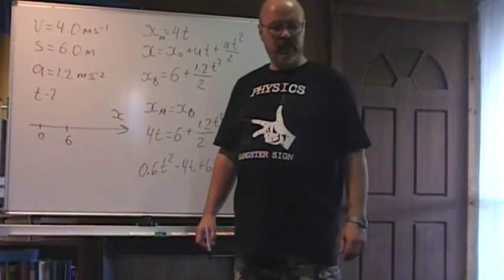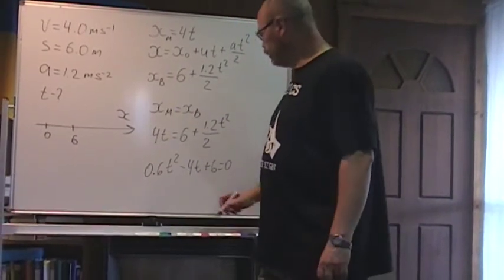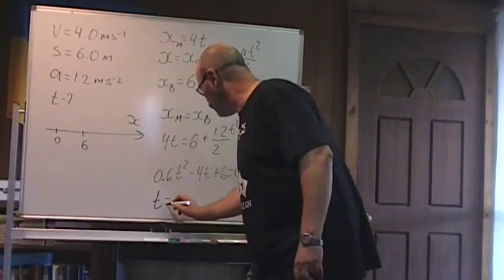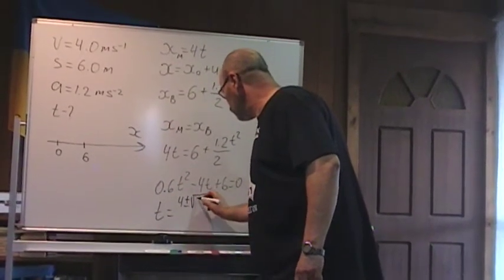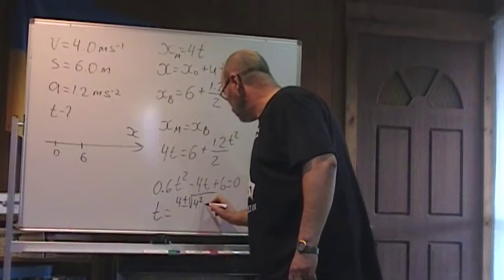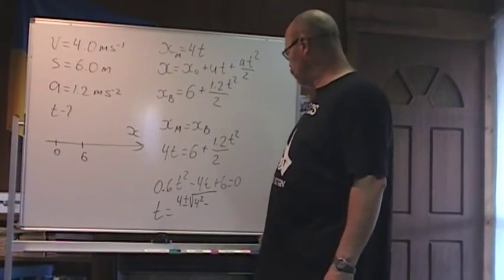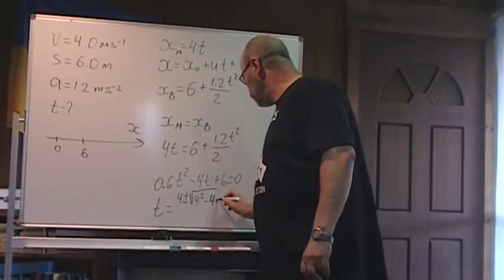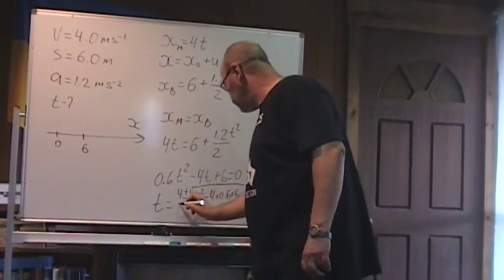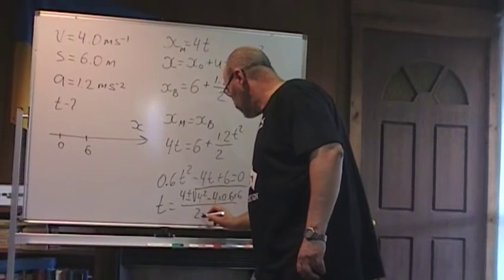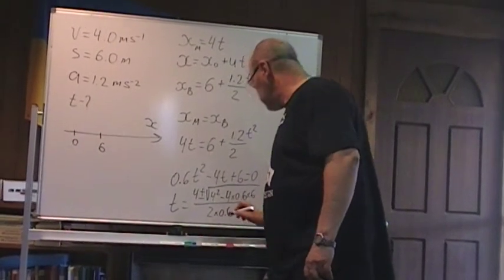We can again apply the quadratic formula. t equals 4 plus or minus the square root of 4 squared minus 4 times 0.6 times 6, divided by 2 times 0.6.